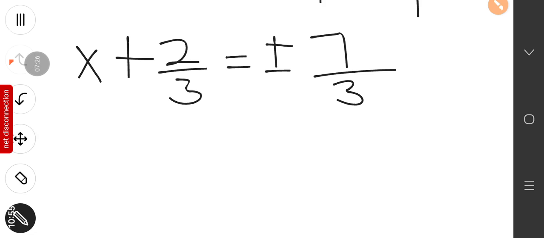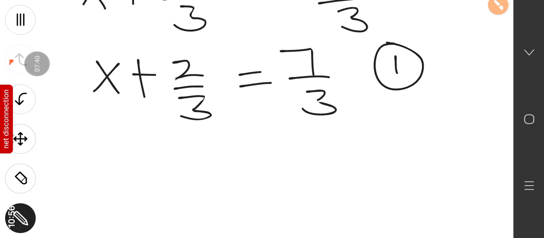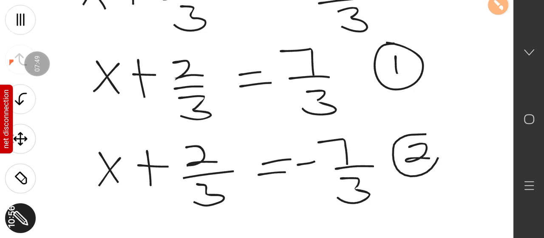So let's say our first equation becomes x + 2/3 equals 7/3. Let's call this equation 1. And then our second equation becomes x + 2/3 equals minus 7/3. Let's call this equation 2.